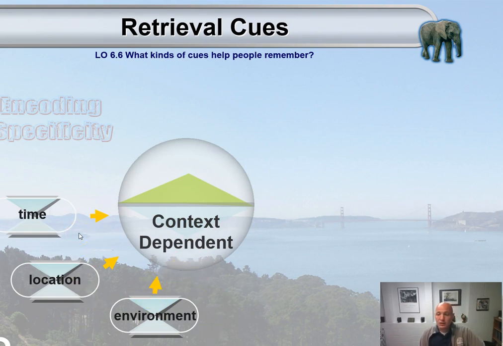Certain times of year when it's cool outside, and we start having all kinds of memories that come up. Certain locations, we haven't been there in a long time. And so the way this translates is that it's really good to study in a very similar place to where you're going to be taking the test. The same time of day.